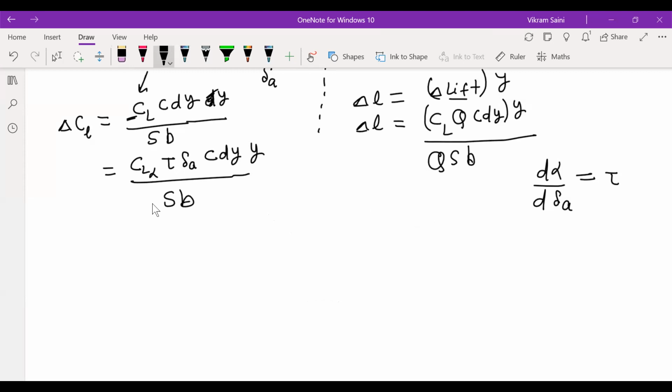Since this is delta CL, the moment coefficient because of that strip, we want the entire moment coefficient from the entire aileron. So we have two of them.